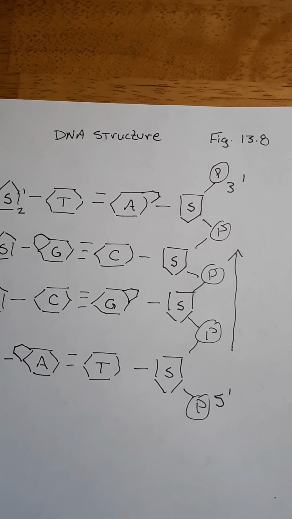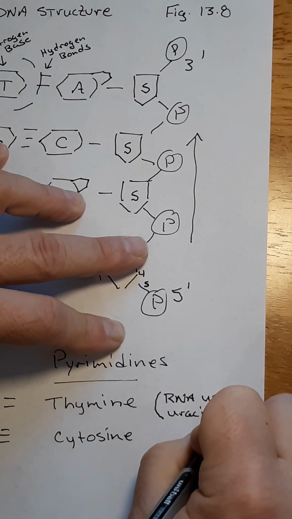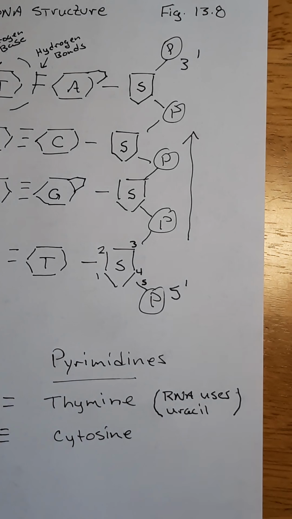Last thing to keep in mind as we move forward, there is another pyrimidine, but it's in RNA. And so in RNA, thymine is replaced by uracil. And so that is basically the DNA structure.